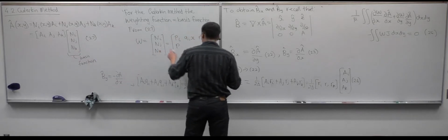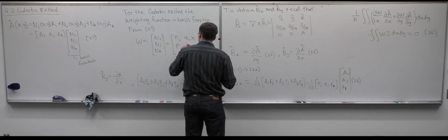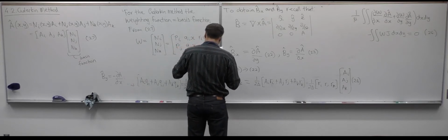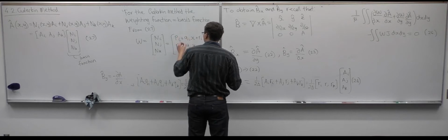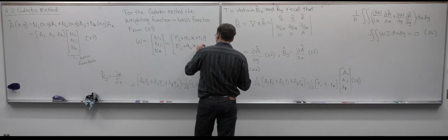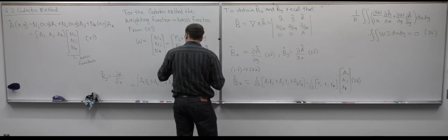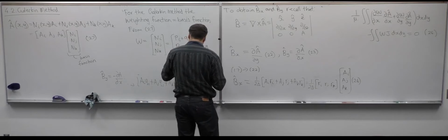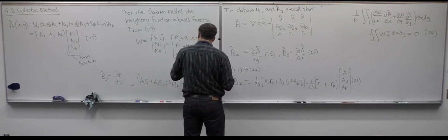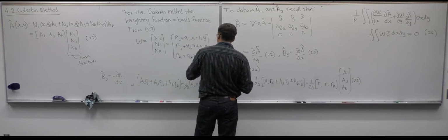So Nj is equal to pj plus qj x plus rj y, and then Nk is equal to pk plus qk x plus rk y, and that's all multiplied by 1 over 2 delta.